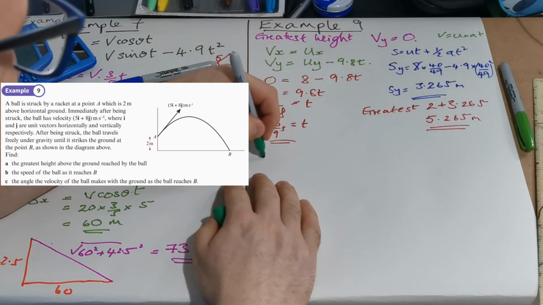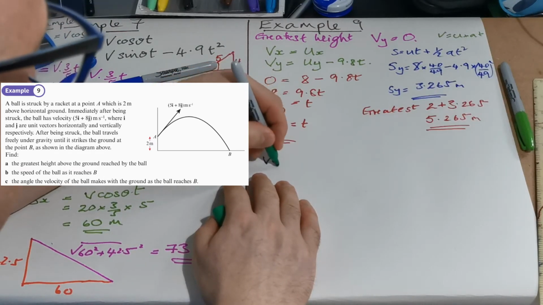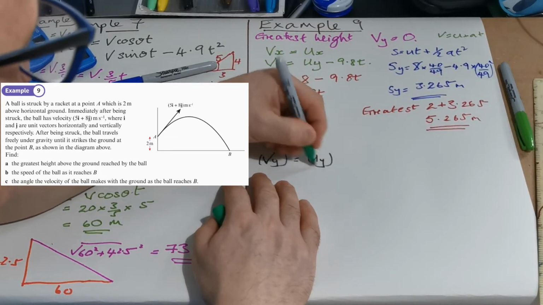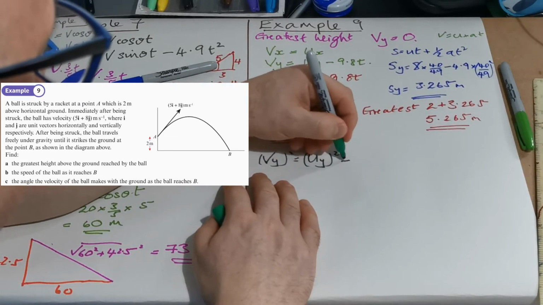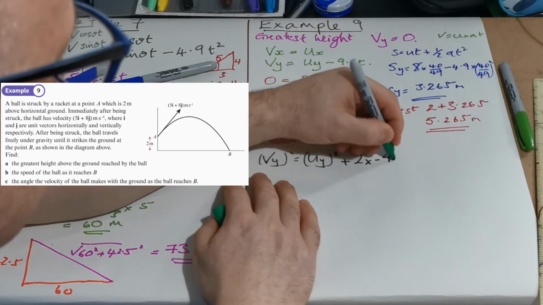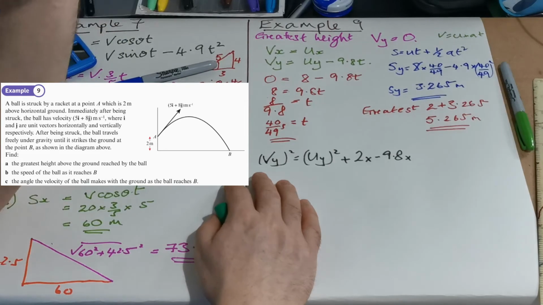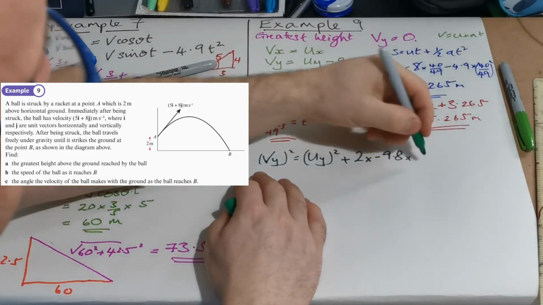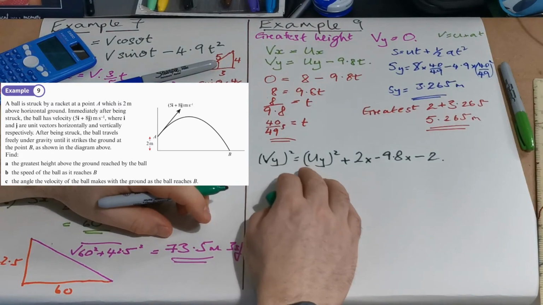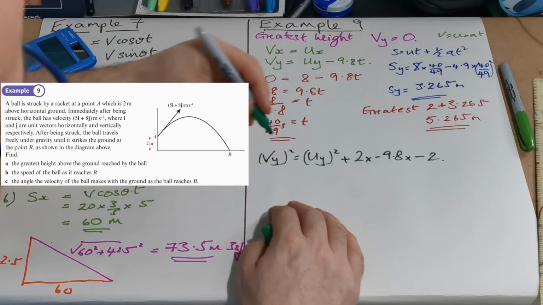So I've got vy squared equals uy squared plus 2 times minus 9.8, and its displacement when it hits the ground is minus 2. What was uy? Did we work that out? Well, that was 8, wasn't it?